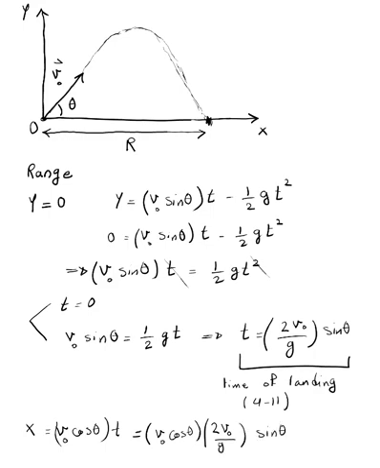Okay, so I'm going to rearrange this. Then x becomes 2 v naught squared divided by g, sine theta times cosine theta. Alright, so this x is the range.